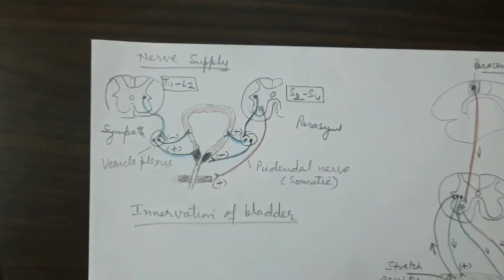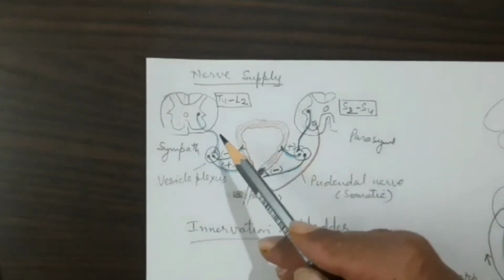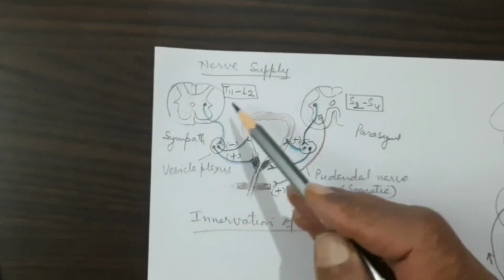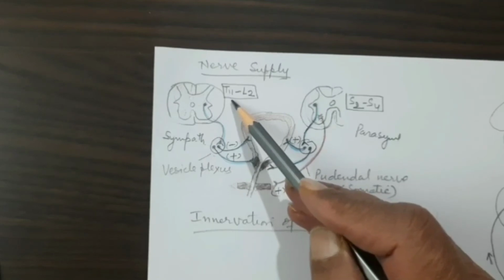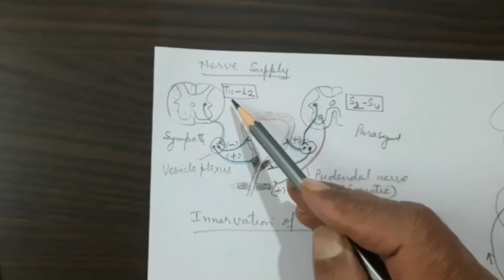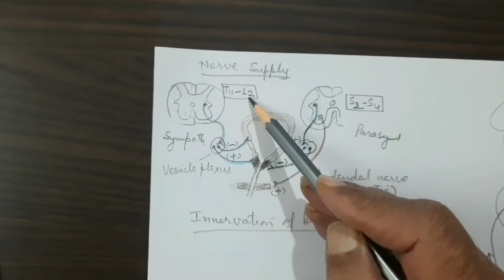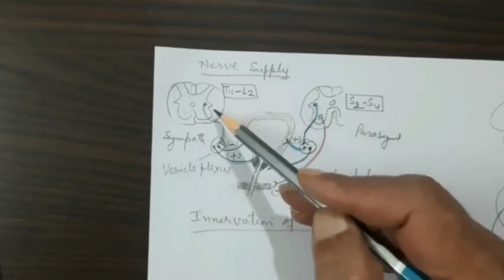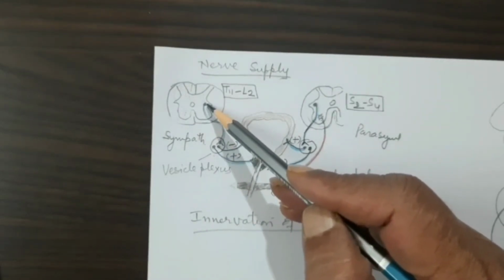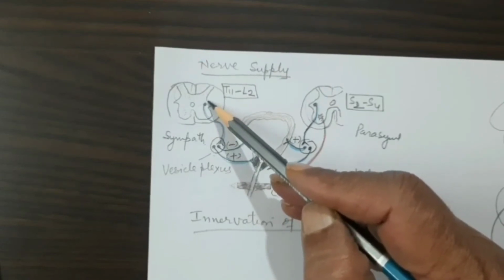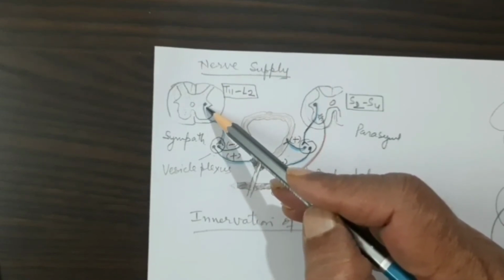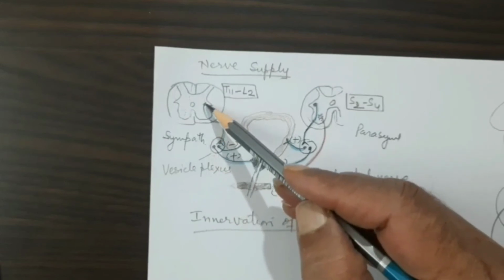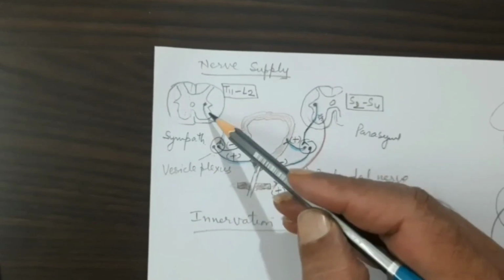But the bladder is also supplied by sympathetic fibers, and these come from the T11 to L2 spinal segments: T11, T12, L1 and L2. Here the sympathetic preganglionic neuron is located in the lateral horn of the gray matter of the thoracic and upper lumbar spinal cord.